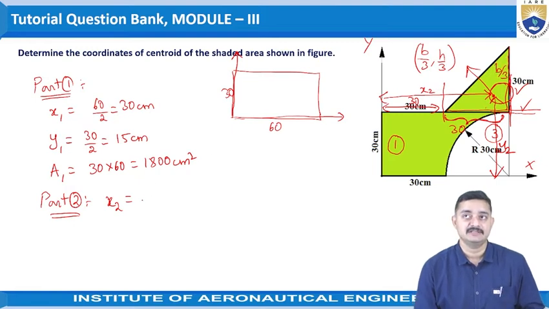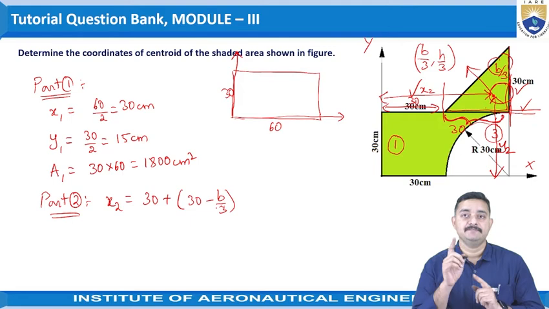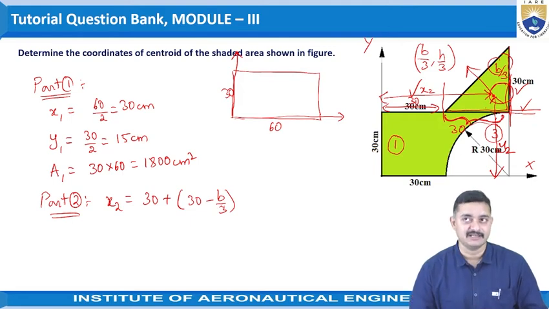So that means this 30 plus this total 30 minus this b by 3 will give the distance of the centroid of that particular triangle from the reference y-axis.